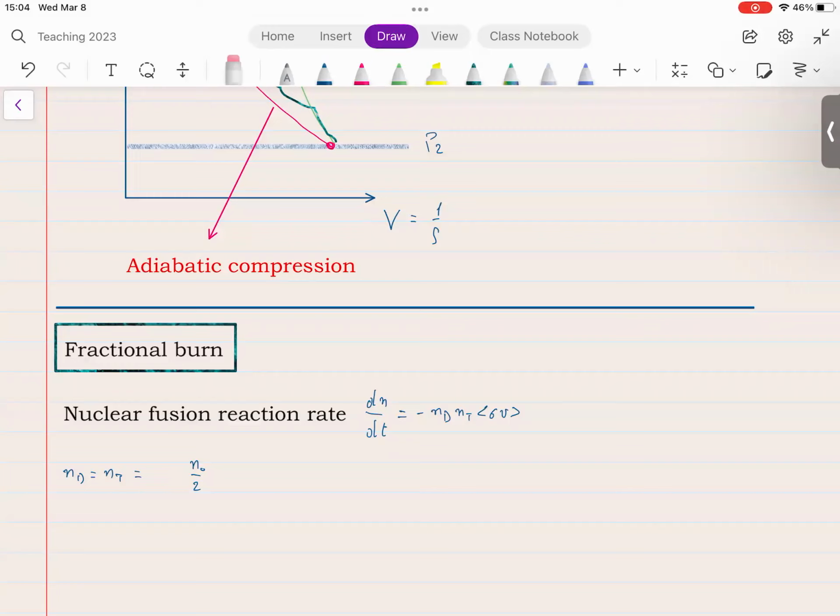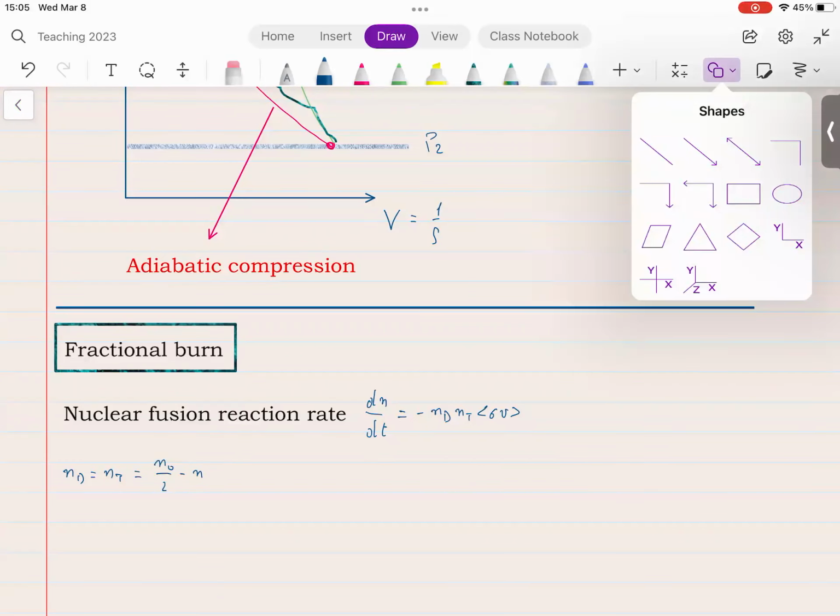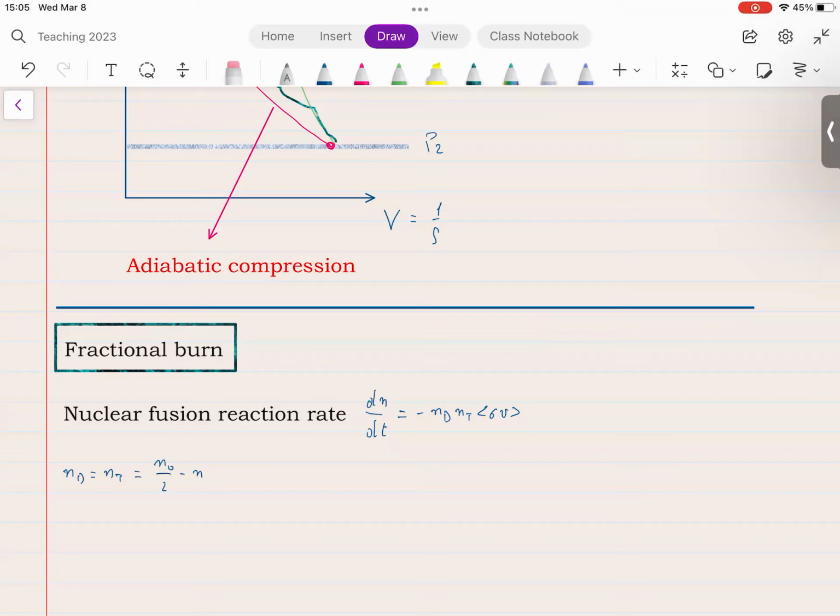Well, let me actually do it this way. To follow the same notation of the reference I'm using, I'm going to call this N0 minus N, where N is the reaction rate.